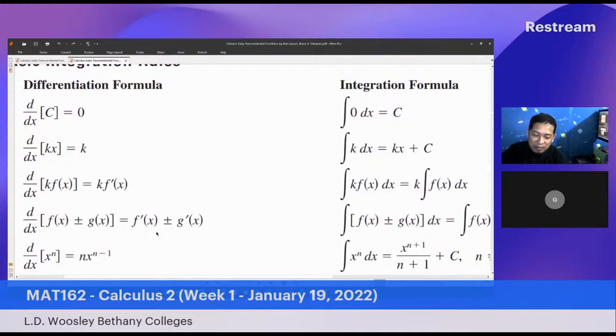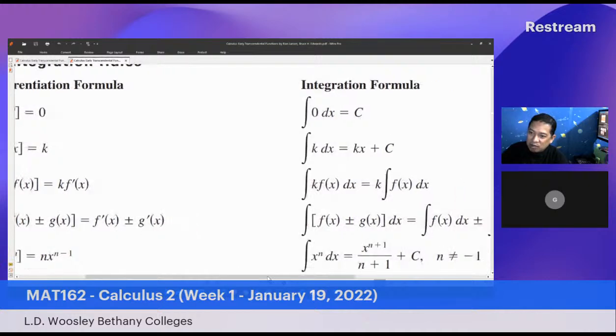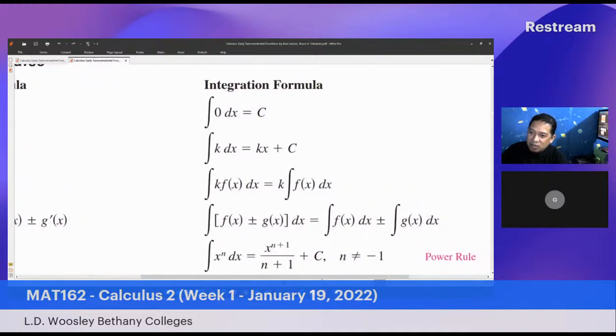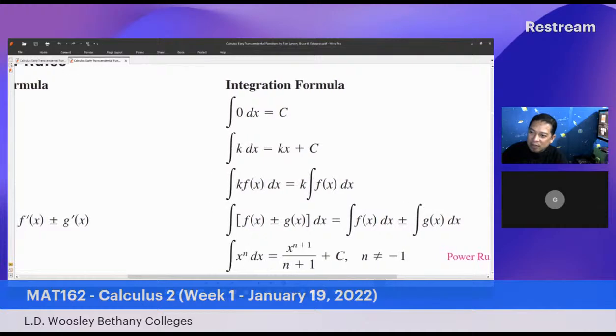Katumbas din siya ng derivative ng bawat addend. Same rule applies to your integration. You could always distribute the integral provided that it is separated by a plus or minus operation only. So hindi mo hinahalo yung multiplication at division. So plus minus pwede mong i-distribute ang integration.